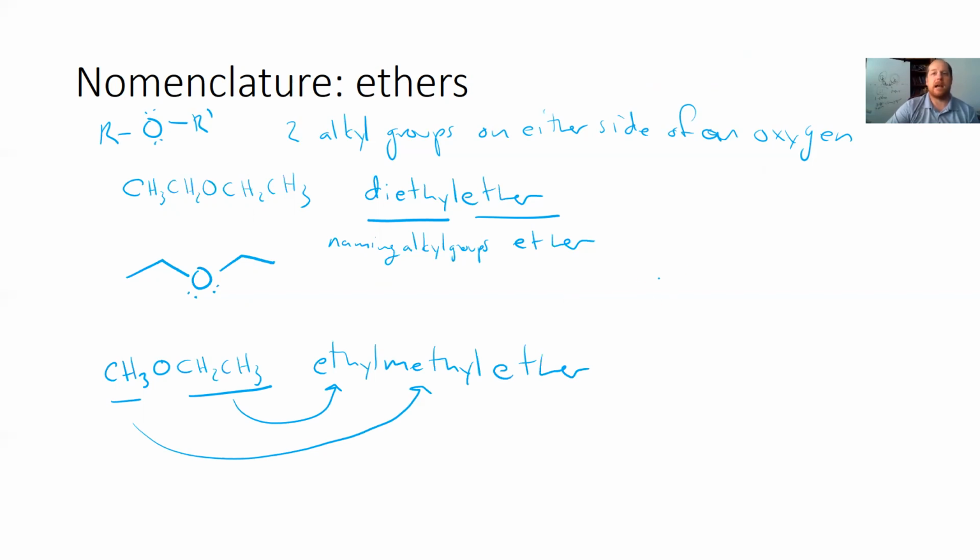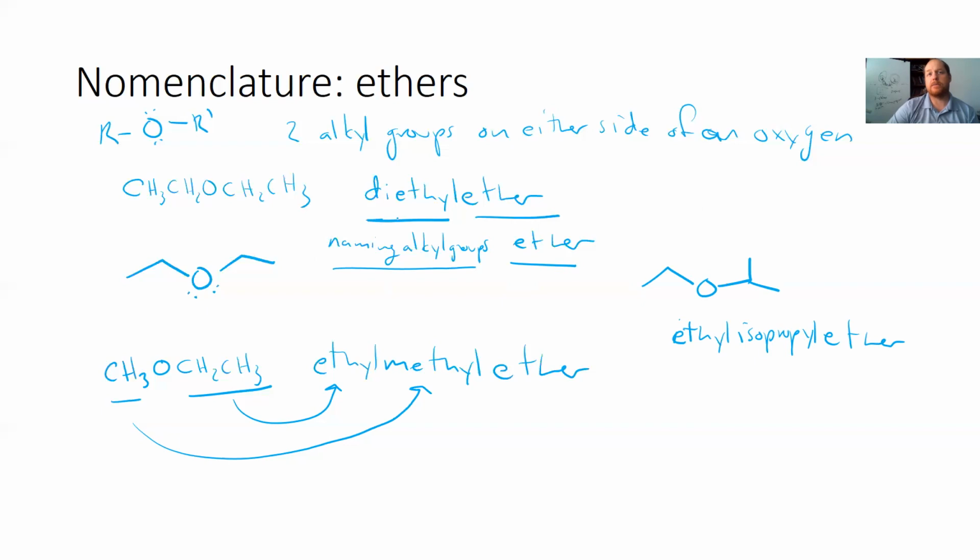Or if you wanted to say, this one here, right? This would be ethyl isopropyl ether, right? So again, you've got the word ether that you're attaching on after you name the alkyl groups.